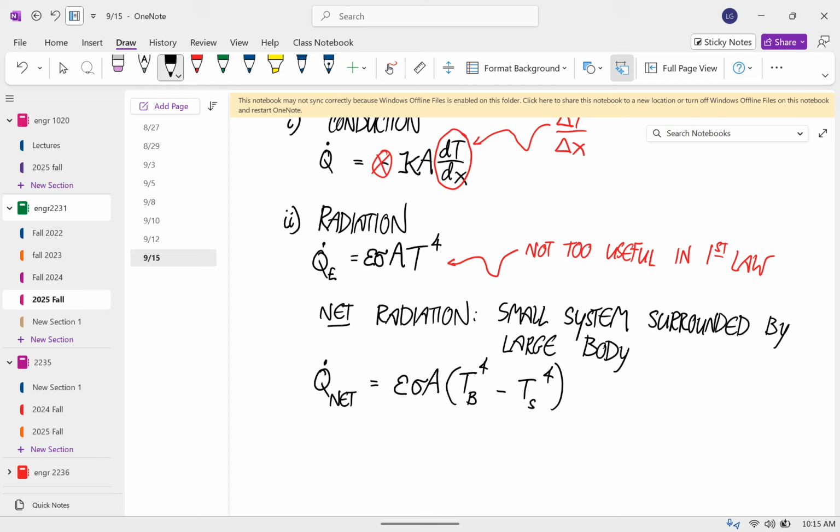Okay, and you can just always arrange these so that this thing comes out positive. The sign doesn't matter here. You're just using that equation to get the net radiation.